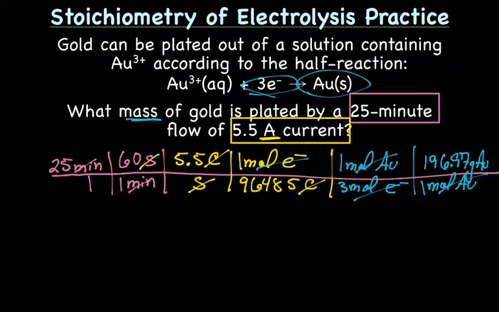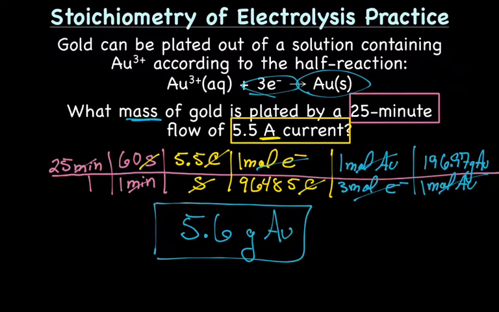Oh my goodness, I think we've got this. All we got to do now is plug it in the calculator and see what happens. And I got, with 2 sig figs, 5.6 grams of gold.